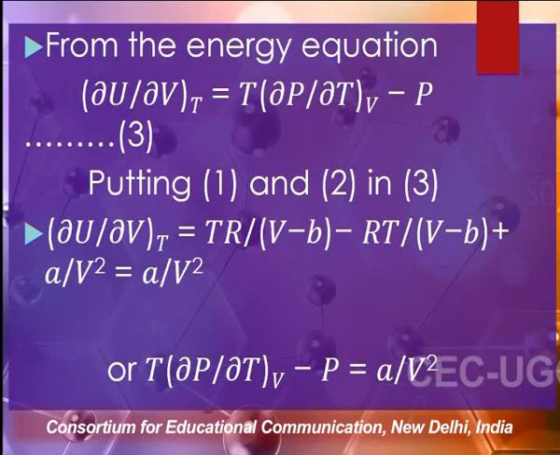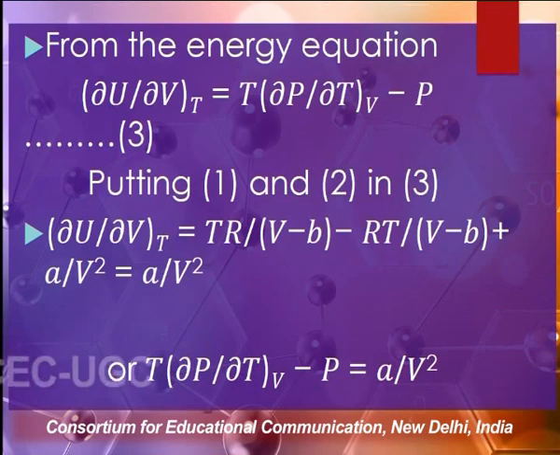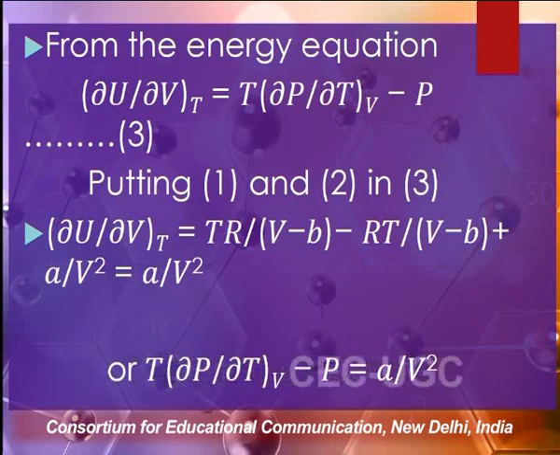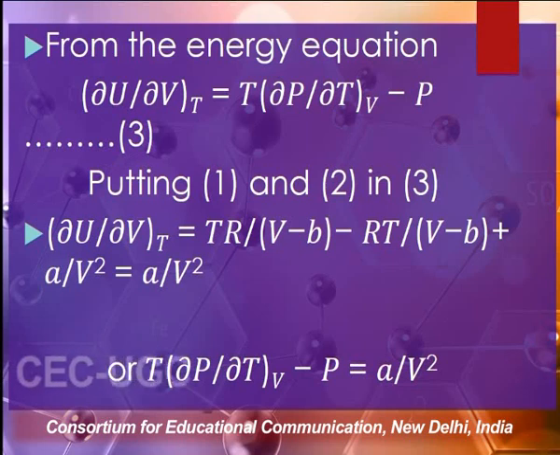The energy equation gives delta U by delta V at constant T is equal to T times delta P by delta T at constant volume minus P. Call this equation 3.